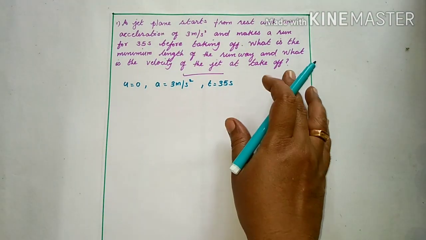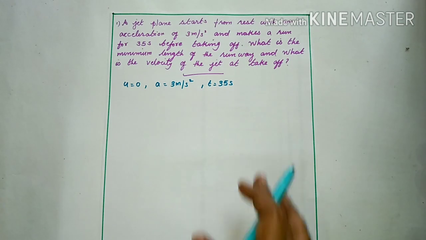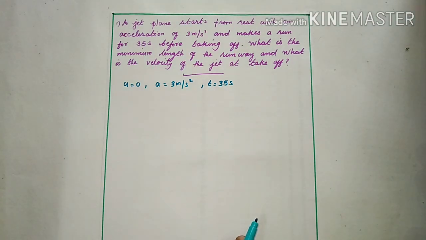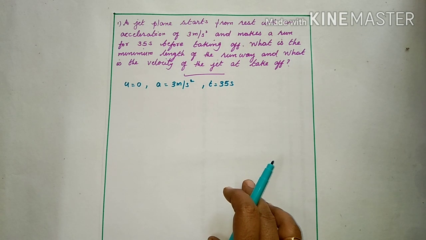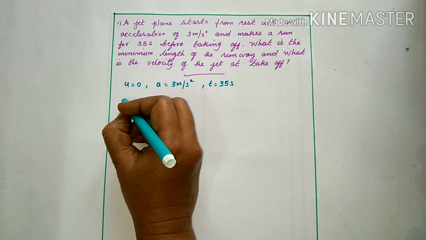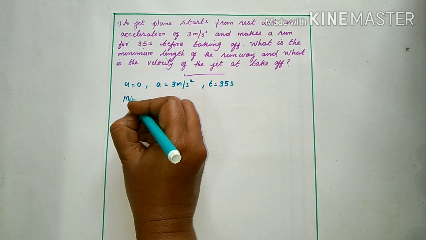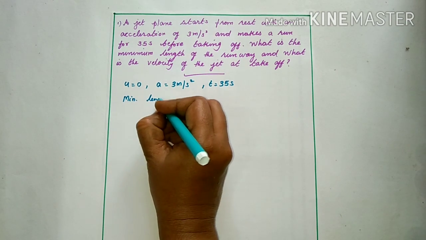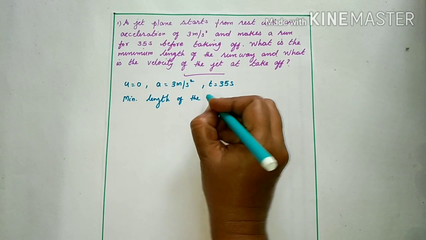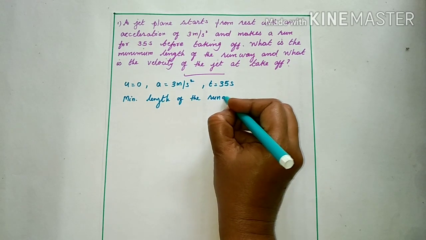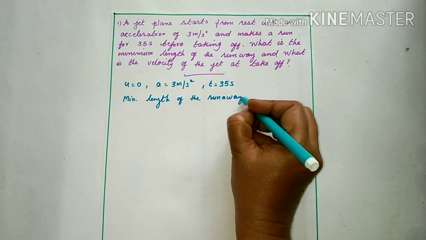So the first part: what is the minimum length of the runway? Minimum length of the runway means the distance travelled by the jet plane. That is noted as x or s. So the minimum length of the runway s equal to the distance travelled by the jet plane.